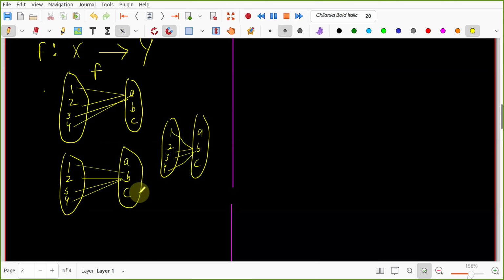Okay, now think carefully, all of you, very, very important. You know that when it is a constant function, all the elements in the domain are mapped to a single element. So it is not much related to the elements of the domain. So how do you define the constant function? What is the definition of a constant function?